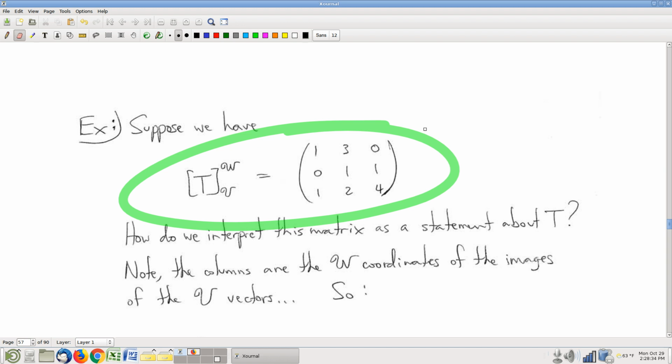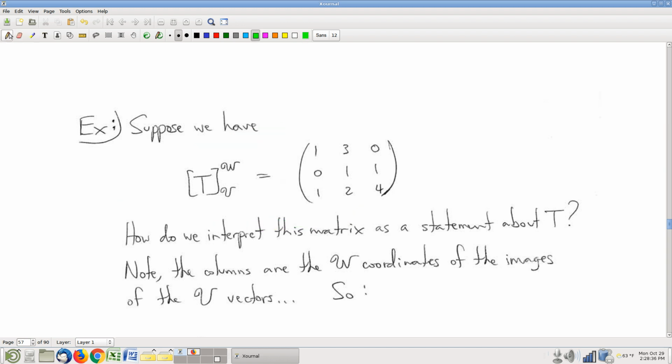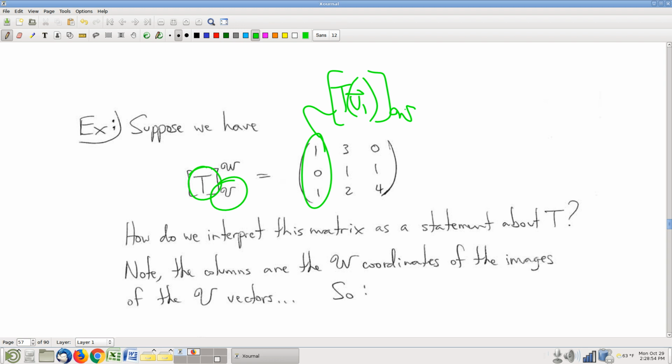Well, keep in mind, as we've discussed, these numbers are telling you that we're taking the first input basis vector, applying T to it, and then writing the results in W language. So this first column here, 1, 0, 1, that's the W coordinates of T of v1.